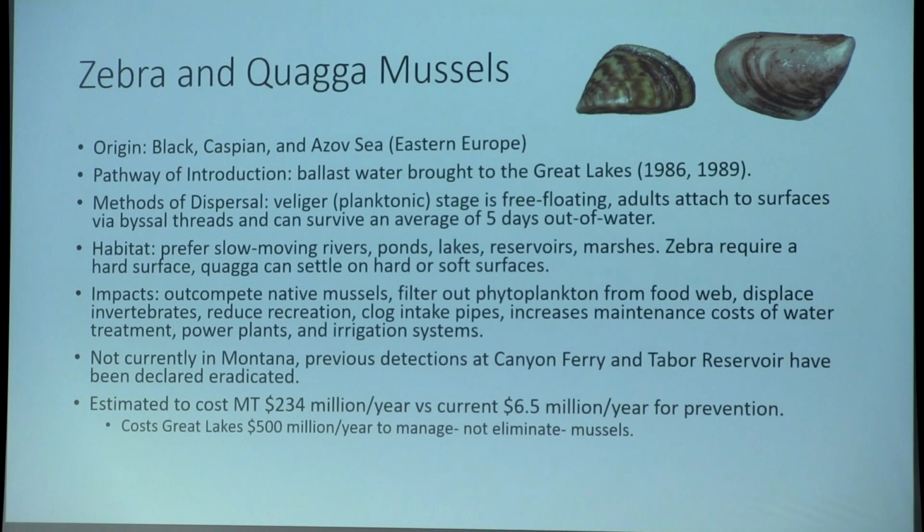In this case, they started off somewhere near Ukraine. They took up water into their hull. That kept them balanced as they crossed over. And then they picked up cargo here in the Great Lakes, so they emptied out all of that ballast water. And in that ballast water were little planktonic forms of the zebra and quagga mussels. And that is how they emerged in the Great Lakes.